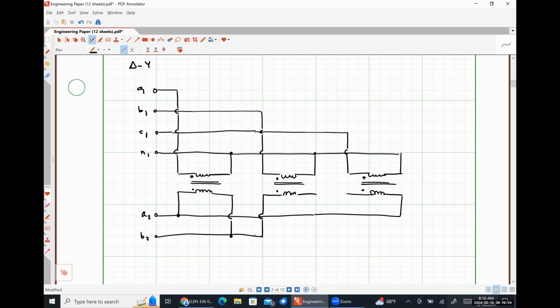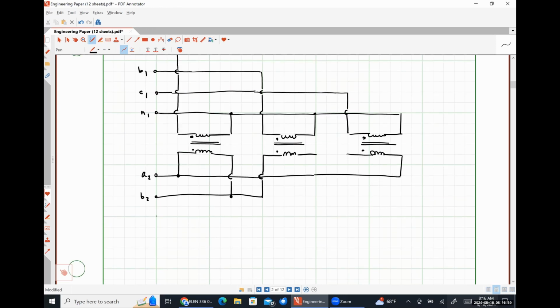So I now have one coil between A and B. And down here on C, I'm going to tie this leg to C and this leg to C, like so. And now that coil in the middle is connected between B and C, and the coil on the right is connected between A and C, so that I have a delta connected set of coils on the bottom.